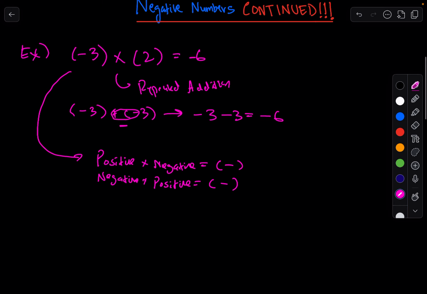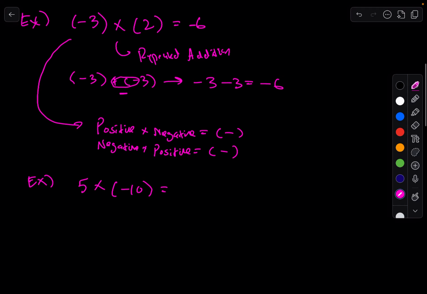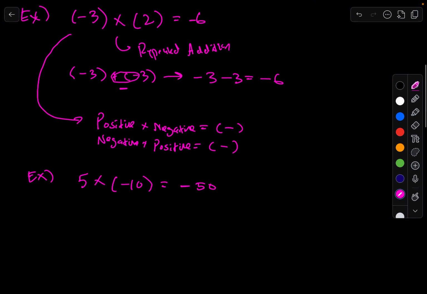It's through repeated addition. Now, if we do another example to prove our theory, let's say we have 5 times -10. Now, we know the rule, a positive times a negative is a negative. And 5 times 10 is just 50. Just simple multiplication. But if we wanted to explain why, we can look at it. -10 times 5 is just adding -10 five times.